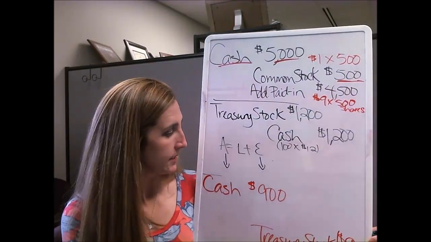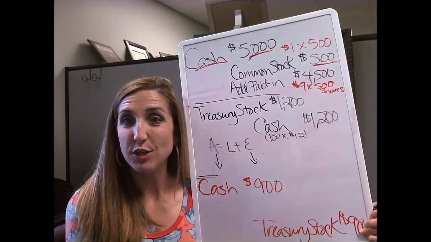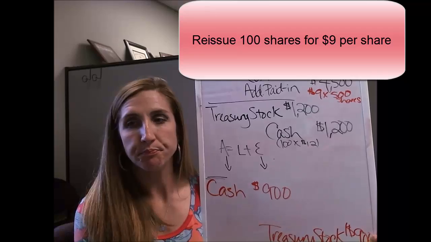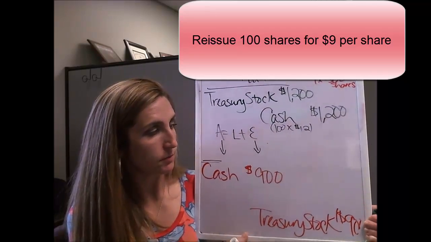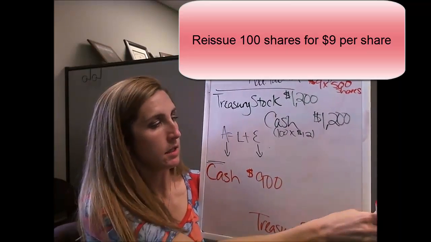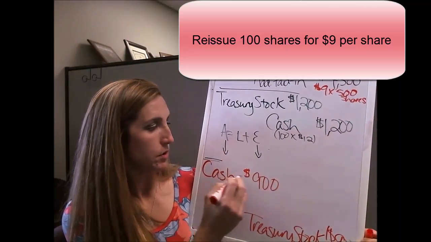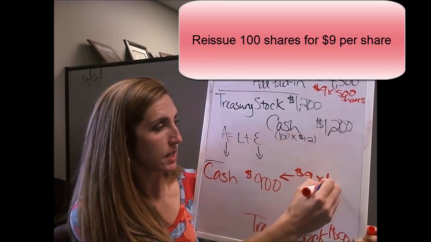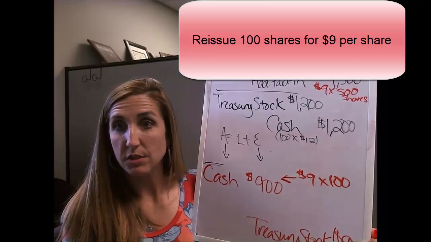So the next step is to fully understand if we do a reissue of those shares. So if we do a reissue of those shares and we sell them, let's say for $9 a share, we're going to post 9 times 100 here in the cash. So if we sold 100 shares at $9 a piece, that's how much cash we've received.